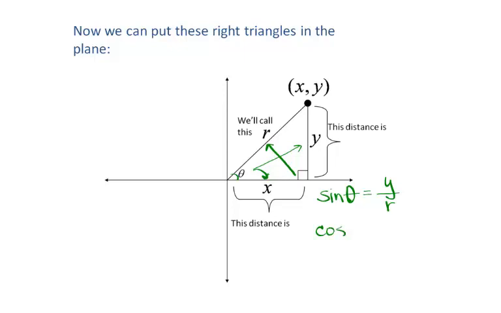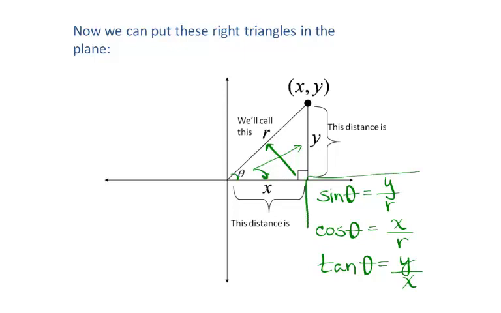Let's look at cosine of theta. Cosine was adjacent over hypotenuse. The adjacent side now is a distance of x, and the hypotenuse is the radius of that circle, r. The tangent of our angle measure theta is opposite over adjacent.